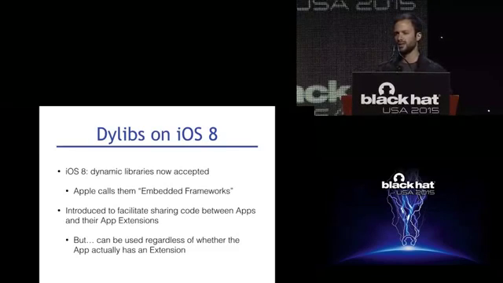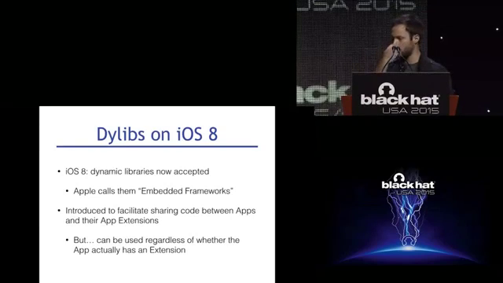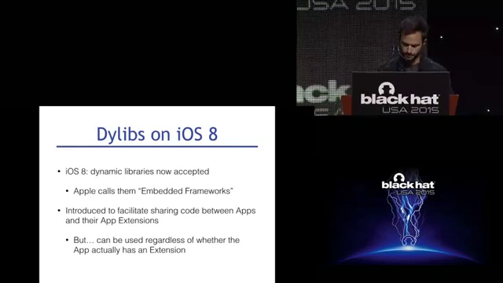So it made total sense that Apple would start allowing dynamic libraries, especially now that they're caring so much about the application size on disk, and you can see that as well with iOS 9, with features like app thinning, app slicing. So dynamic libraries help reduce the application size when you have several executables.